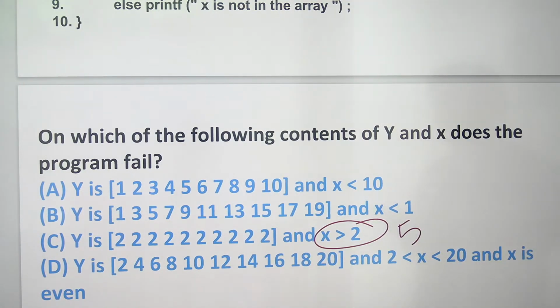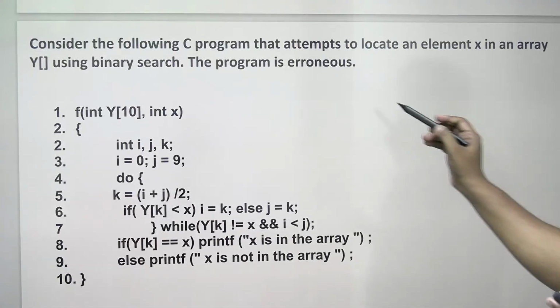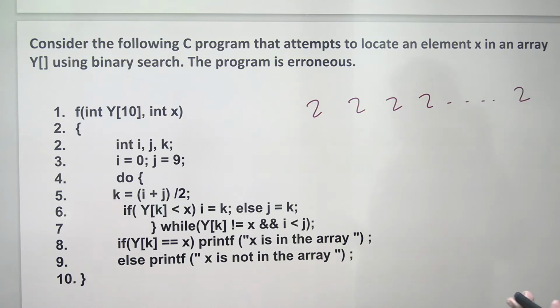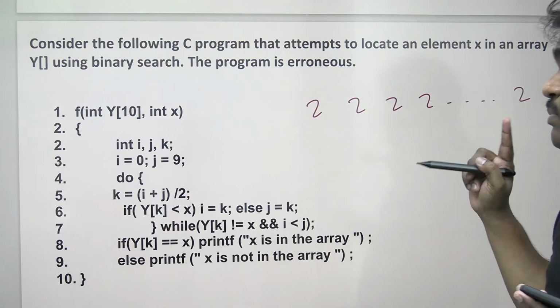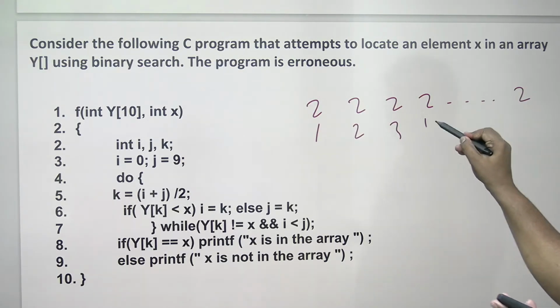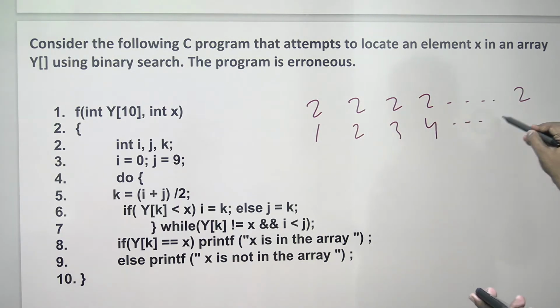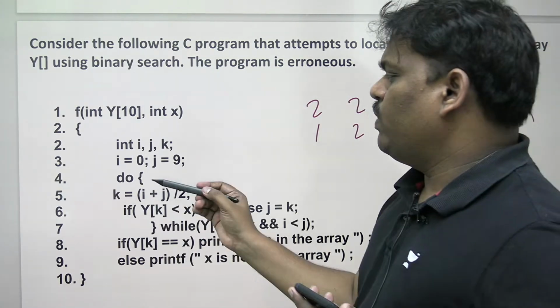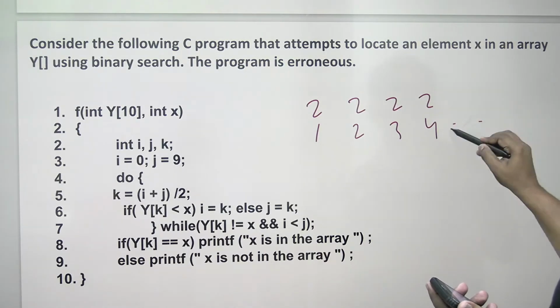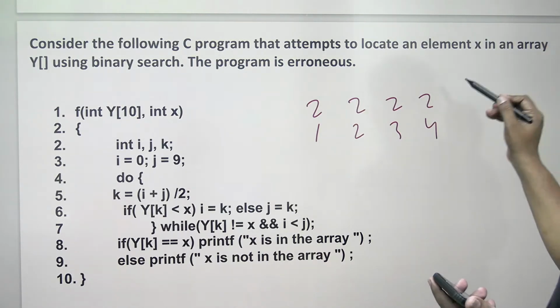All elements are the same. These are the indexes. Now see the first one. I will write the remaining elements also, so that you get more clarity.